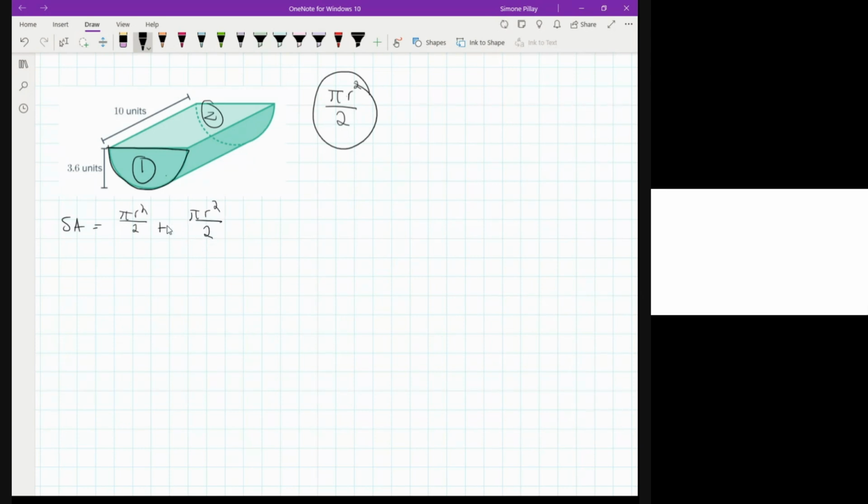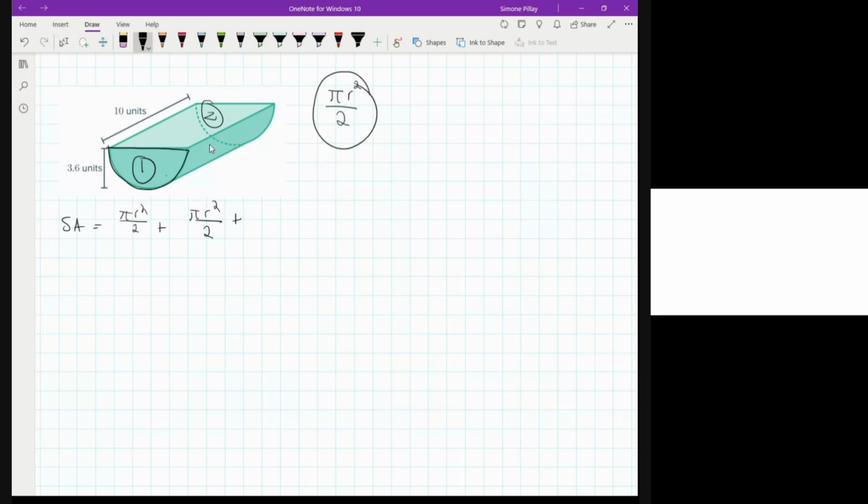But if I've actually got 2 halves make a whole, right? So we don't actually have to divide it by 2. We could just keep it as pi r squared. But just know in our mind that it's because there are 2 half circles. Okay, so that's a shorter method. I'm not going to do that method because I want you guys to understand that we're calculating the area of each face individually and then adding up.